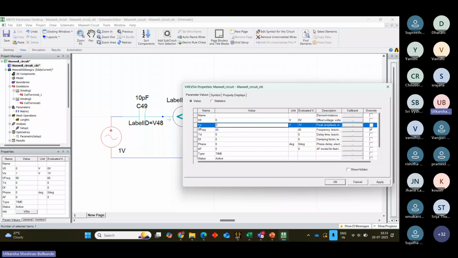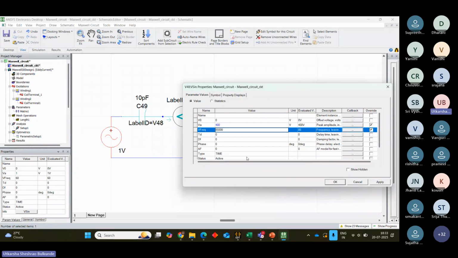And here you just have to set two values. VA is the peak amplitude of your source, so I'm setting it to 400 volt, and Vfreq is the frequency that you need. I told you in wireless charging of electric vehicles, mostly we keep 85 kilohertz.